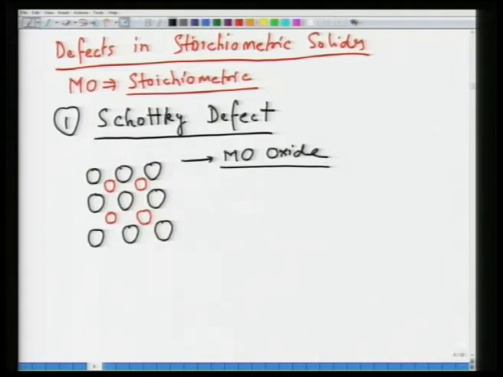Now, what happens in a Schottky defect is one of these metal sites is missing, and to complement that, one of these oxygen sites will be missing. So, what it will look like is, sometimes it is also represented as a square, and in this case it would be represented by a red square.